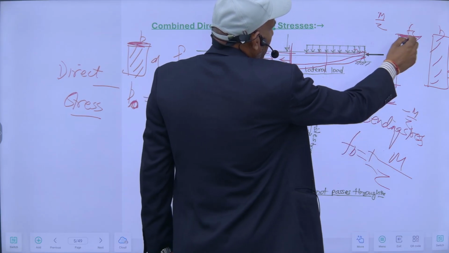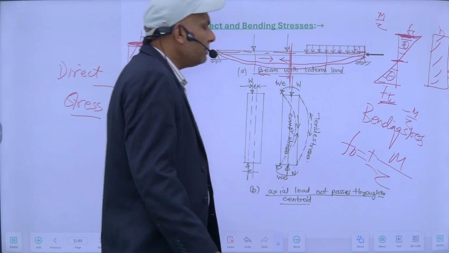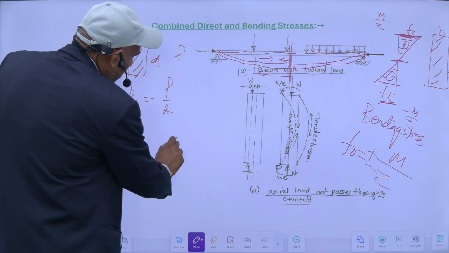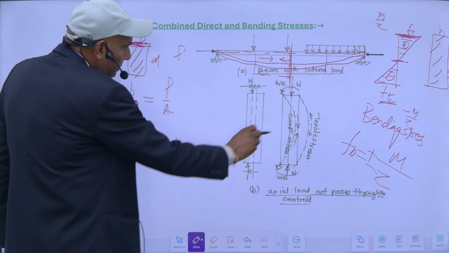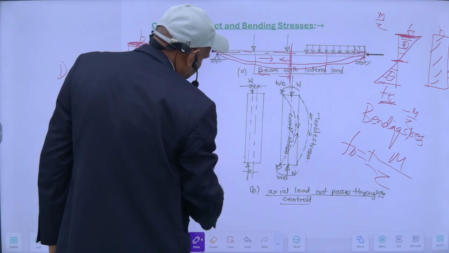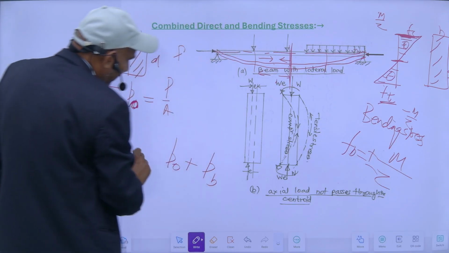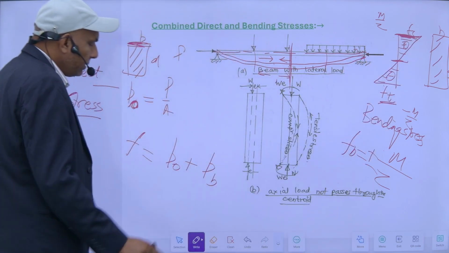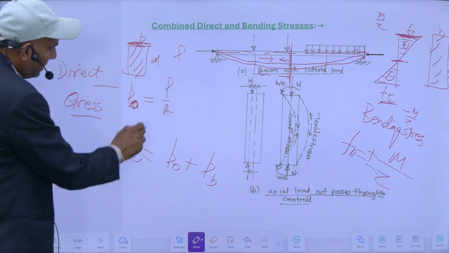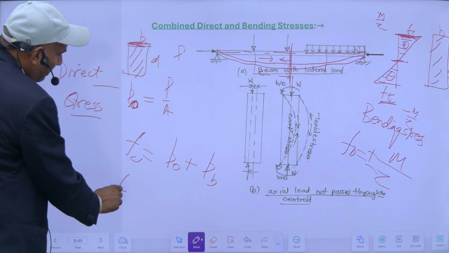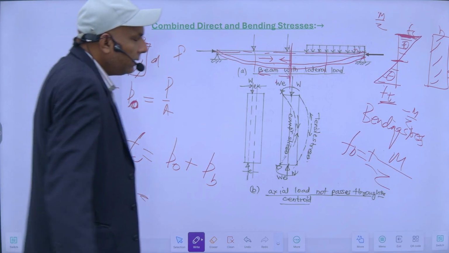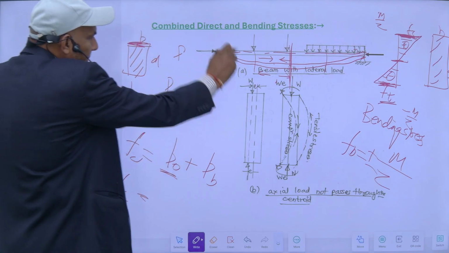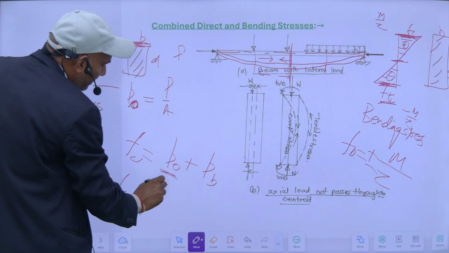Suppose I want to know my final stresses here. This will be because of this direct stress plus my bending stresses. So my final stress in the top fiber here will be compressive. On the bottom, my direct stress will be compressive throughout, so it will remain positive.